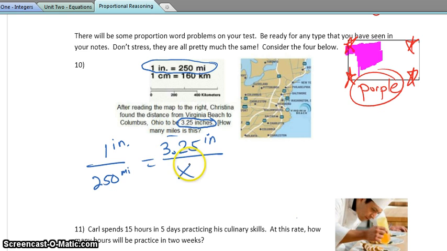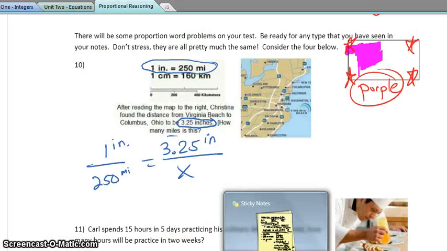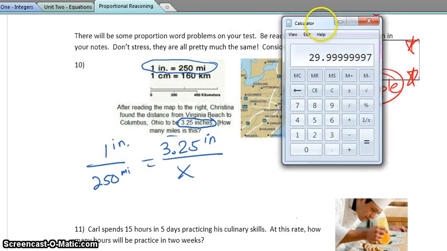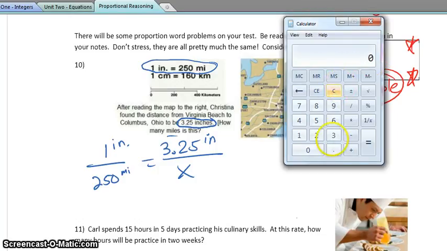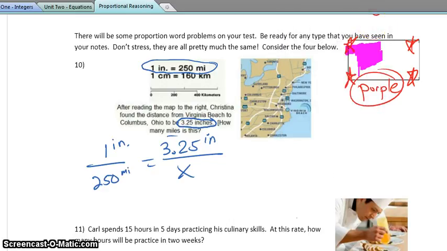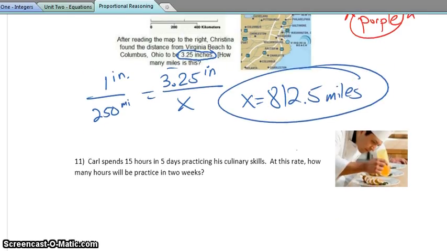I don't know, so that's going to be x. Good thing about this is it's pretty easy. We need to multiply with our calculator, our best friend. And we get 812.5. So x is 812.5. If you don't put miles, you're going to lose points on your test.